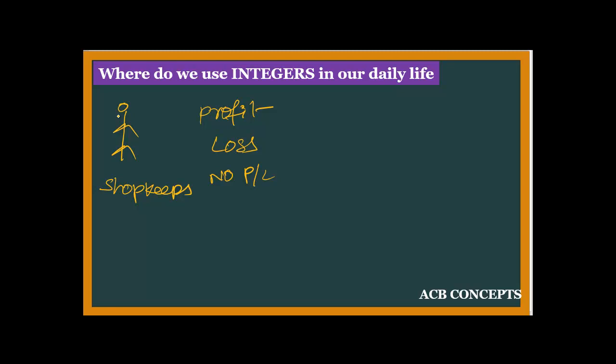For example, suppose he gets a profit of 1,000 rupees on selling his goods, once a 100 rupees loss, and once no profit or no loss.